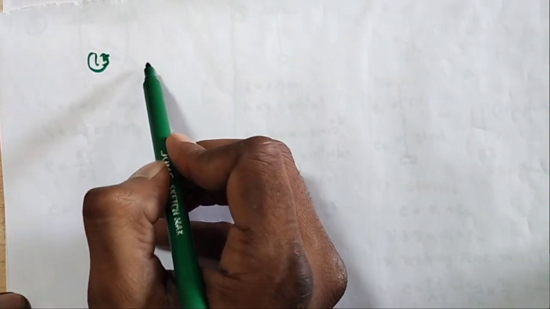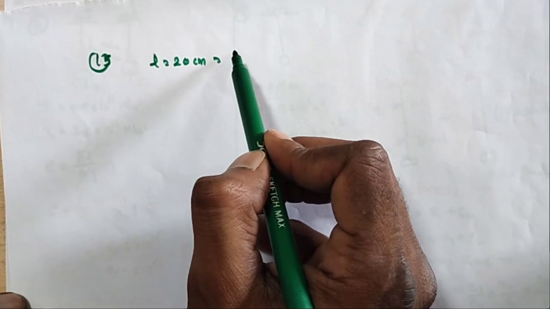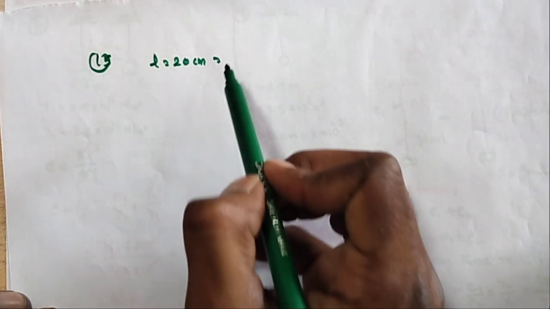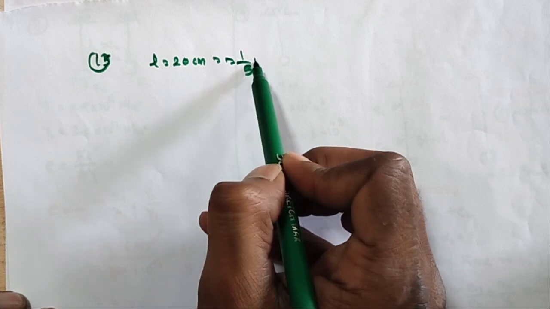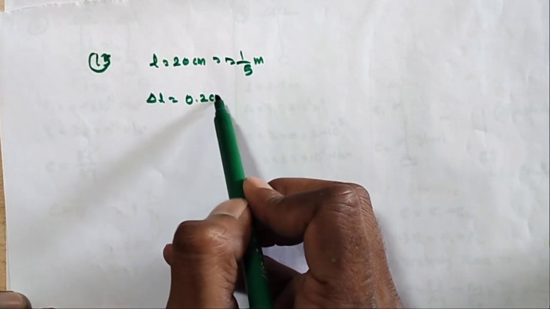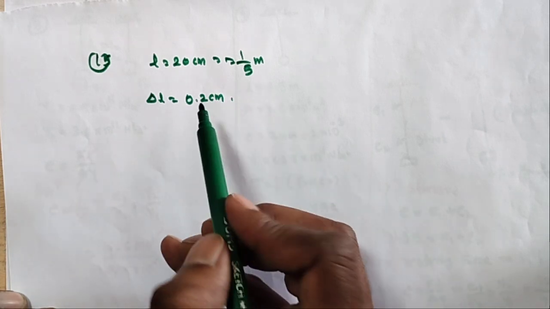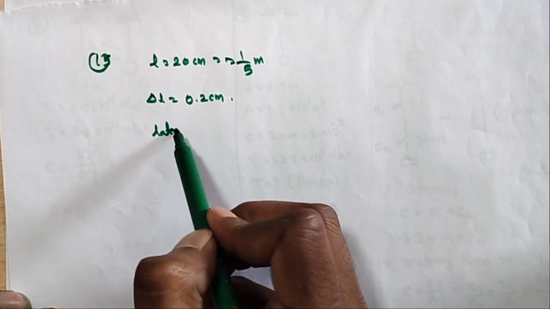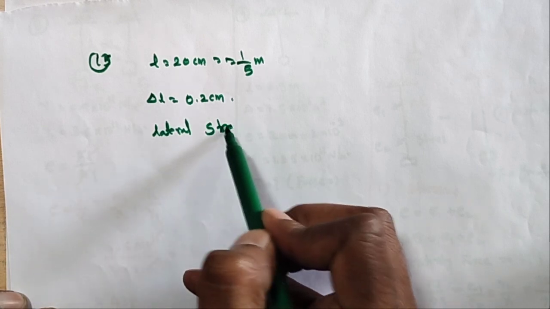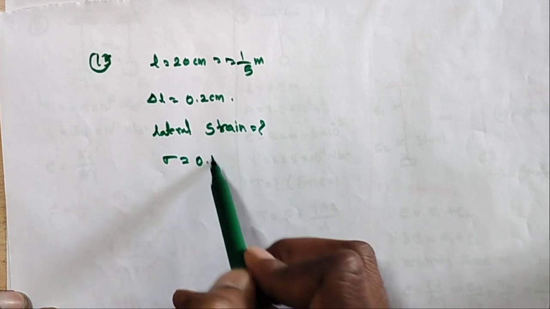So 15th problem, L is equal to 20 centimeter given, that is 1 by 5 meters, and delta L is equal to 0.2 centimeters. Stretched to increase its length, and lateral strain you can calculate. Sigma is equal to 0.19.